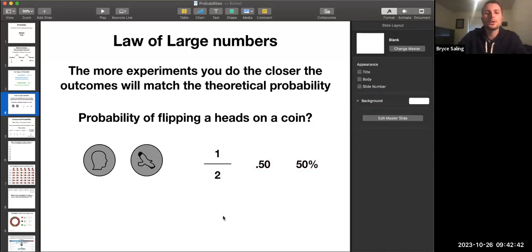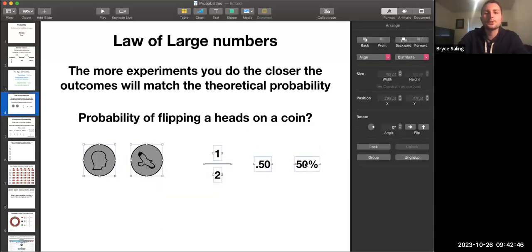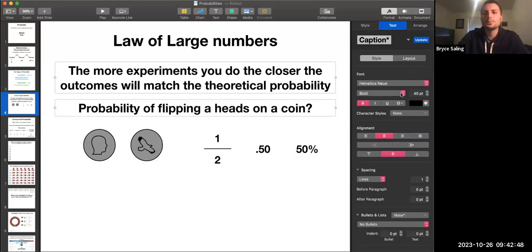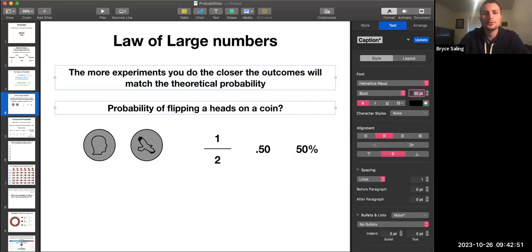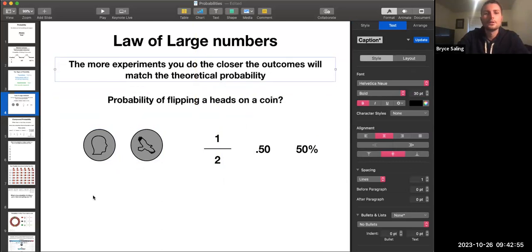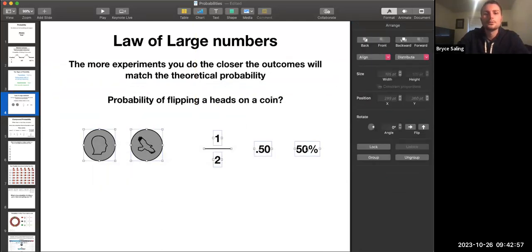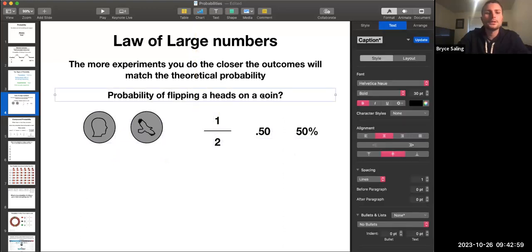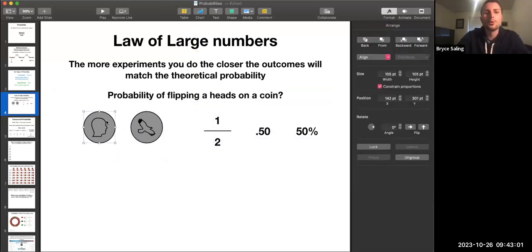And so this is what the law of, it seems pretty basic, right? But let's say that you're doing this experiment. Let's make these a little bit smaller to give us some more room here. So let's say you flip a coin 10 times.